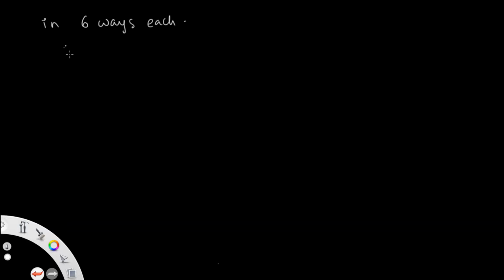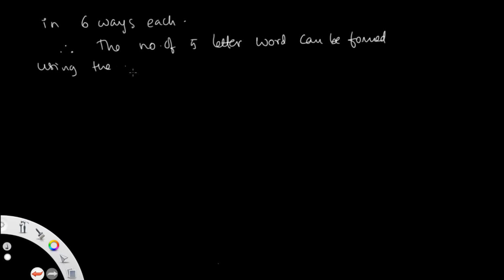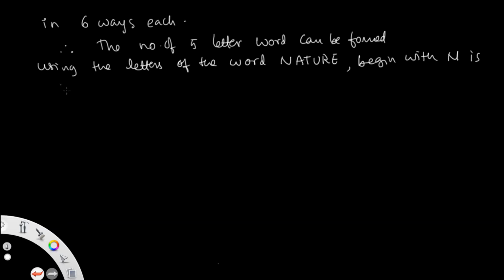Therefore, the number of 5-letter words that can be formed using the letters of the word nature, beginning with N, is 1 into 6 power 4, that is 6 power 4, which is nothing but 1296 ways.